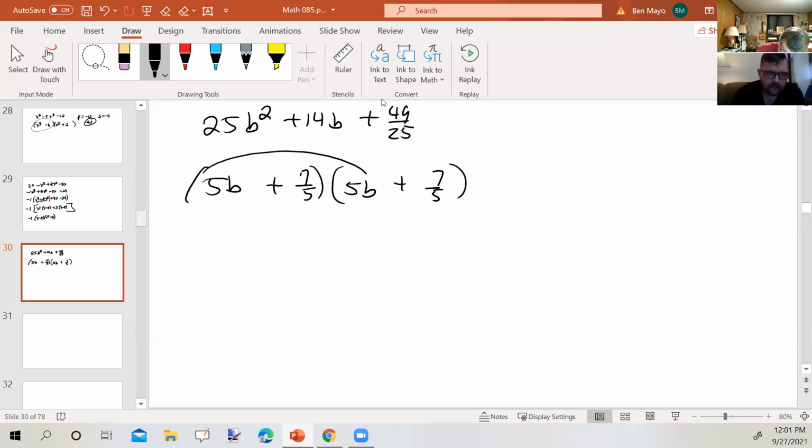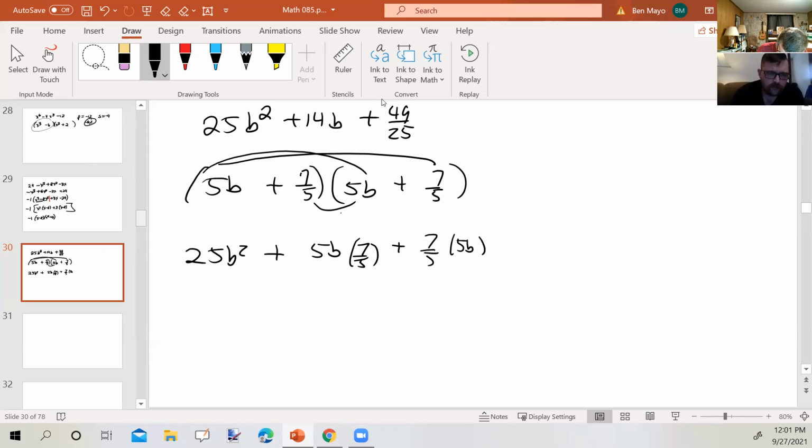Well, I'm going to get 25b squared plus 5b times 7/5 plus 7/5 times 5b plus 7/5 times 7/5. Well, that would be 25b squared.